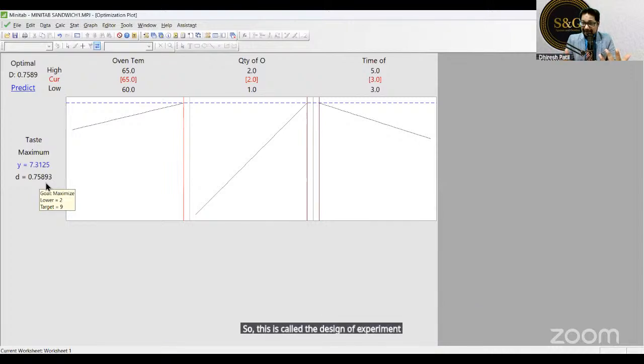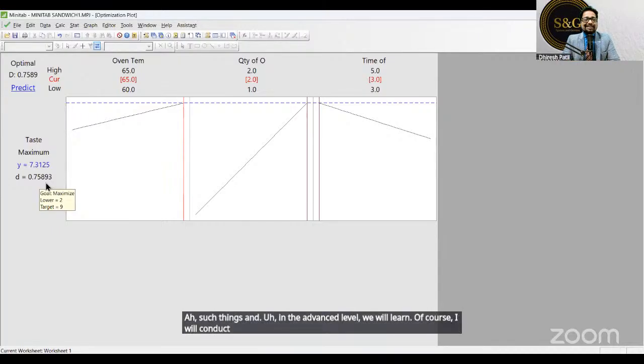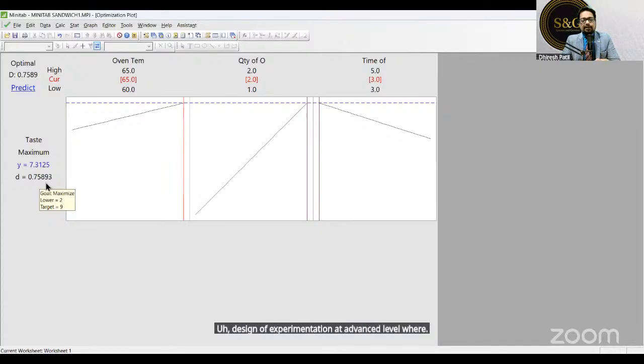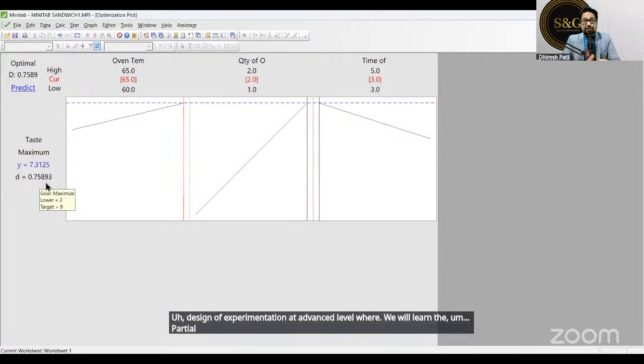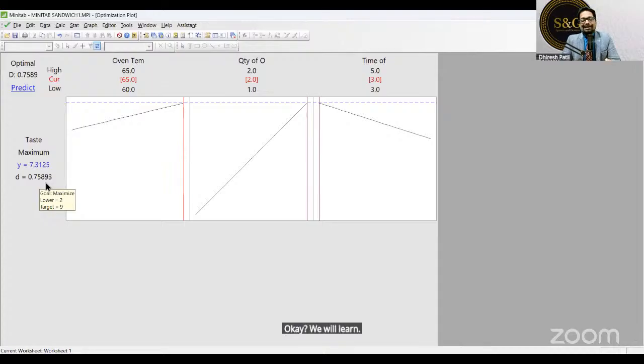This is called the optimizer. In the advanced level we have given a lot of such things, and in the advanced level we will learn them. Of course I will conduct special sessions on advanced design of experimentation, where we will learn the fractional factorial design and how to conduct a screening design.